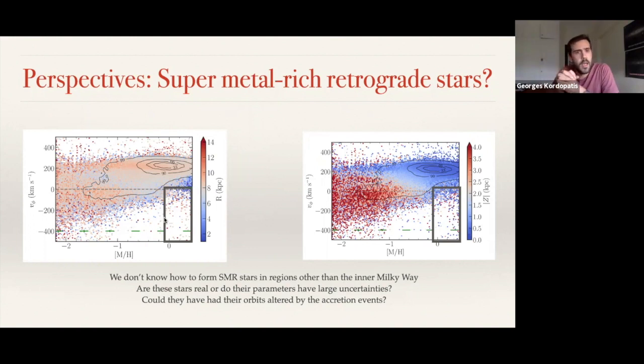And for stars with metallicity above solar, the only place we know they form is the inner Milky Way, because you need an intense star formation history that enriches the metallicity of the stars very rapidly. So the fact that you have retrograde super metal-rich stars is extremely puzzling.